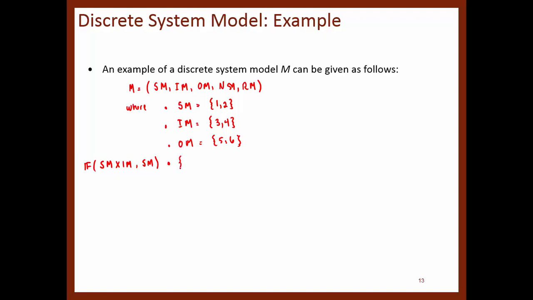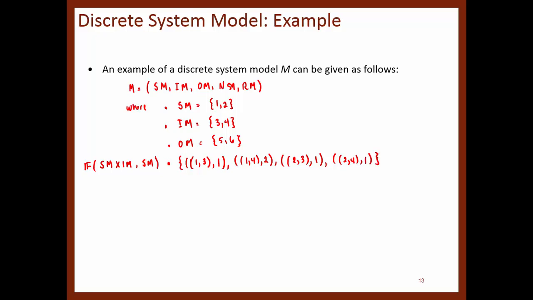So to define that set, let's look at the following. So we're going to have this pair (1, 3), with state 1, we're going to have the following: (1, 4, 2), (2, 3, 1), (2, 4, 1).